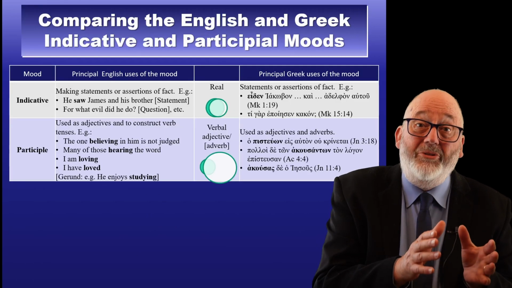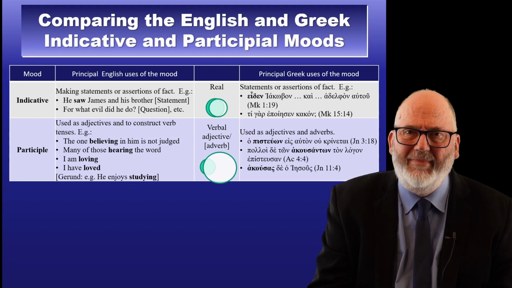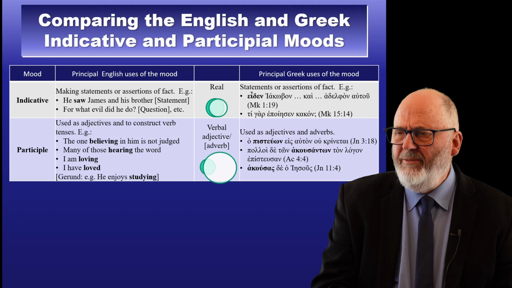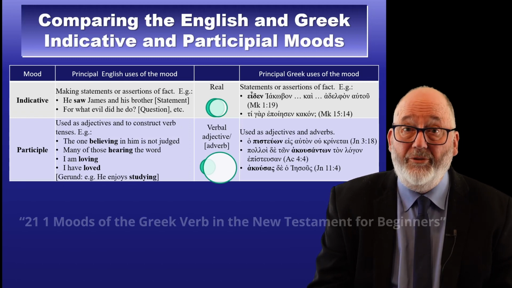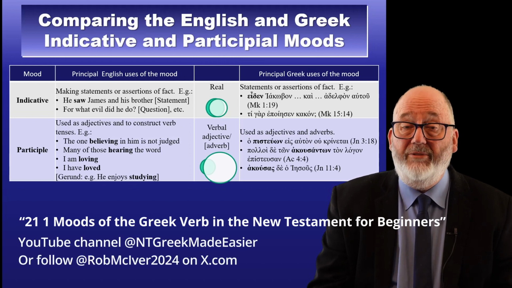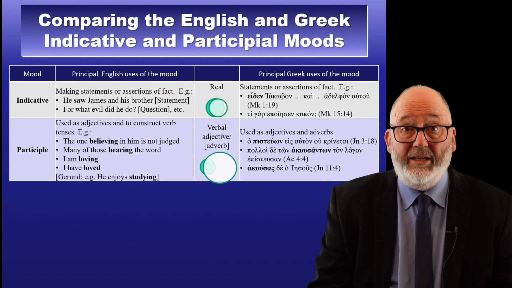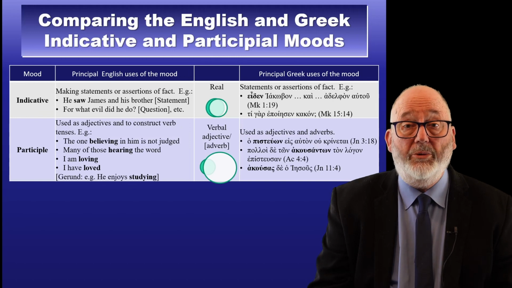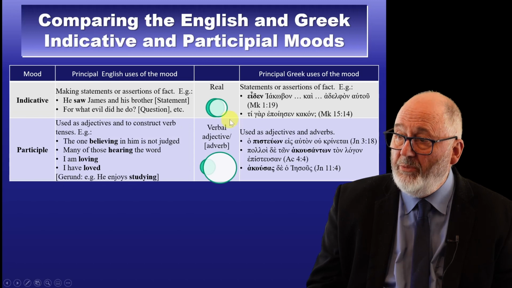Now, how do the Greek and English participles compare? Well, I have here a couple of lines of a table I used in my overview of Greek moods, which is one of the videos available on the video channel, New Testament Greek Made Easier. The indicative in English and Greek are used in very similar ways, and I've tried to express this with this graph.